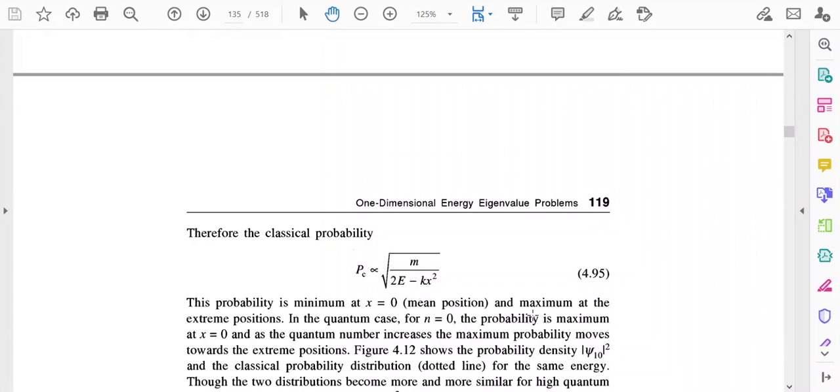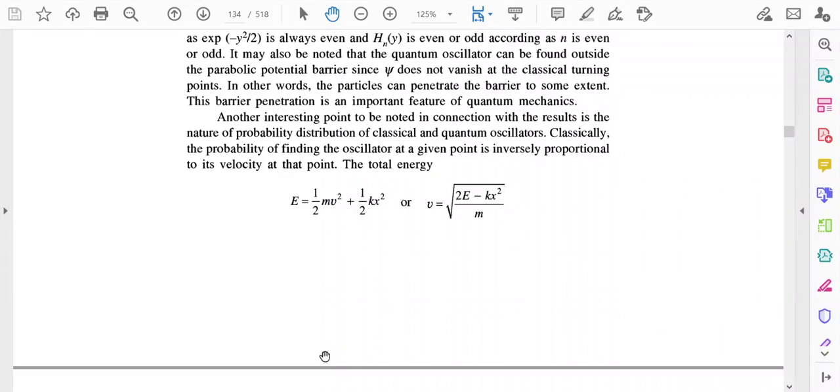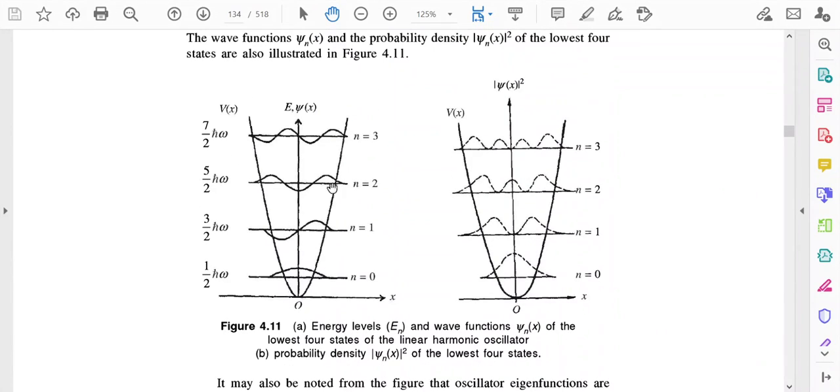In the quantum case, for n equal to 0, the probability is maximum at x equal to 0, and as the quantum number increases, the maximum probability moves towards the extreme position. So let us look at the graph of the probability density again. This dotted curve is the quantum mechanical probability density for n equal to 0. Now where is the peak?